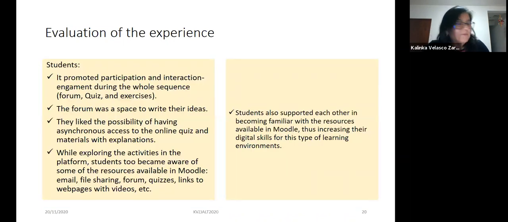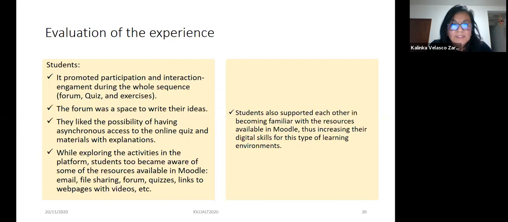So, evaluation of the experience. The students, in a questionnaire, provided some comments about the sequence that was designed by this pre-service teacher. They said that it promoted participation and interaction, engagement during the whole sequence, in the forum activity, in answering the quiz, and with the exercises. The forum was a space to write their ideas.